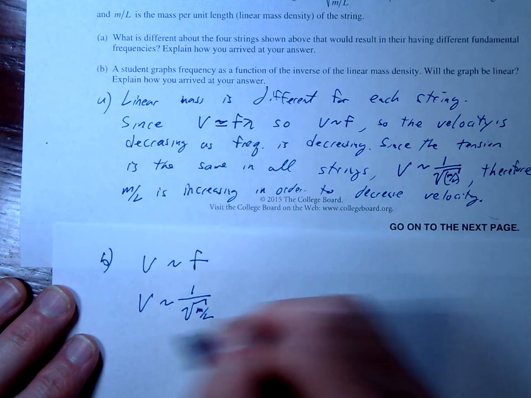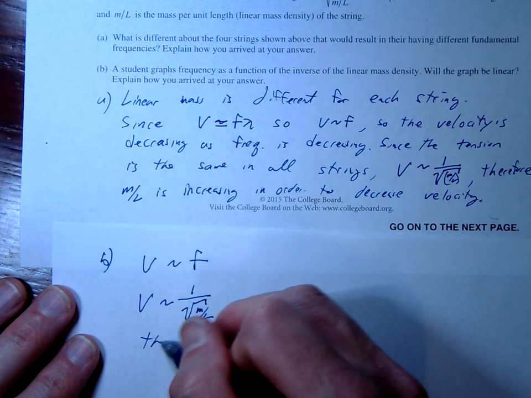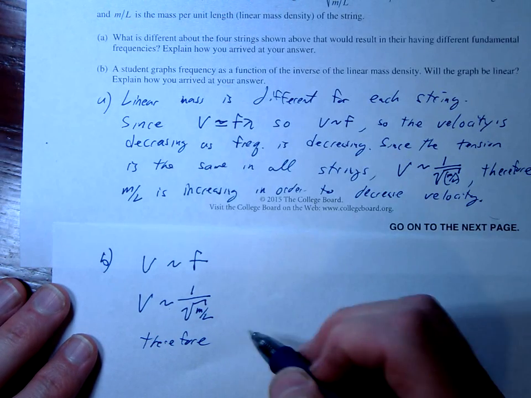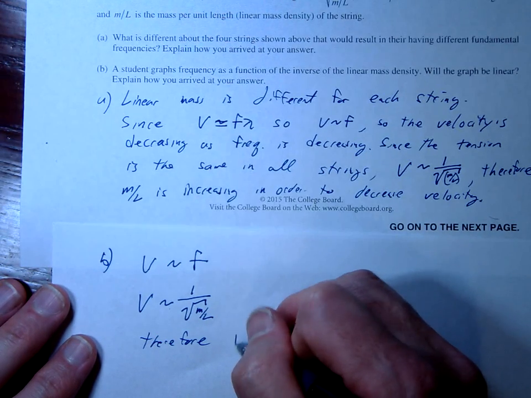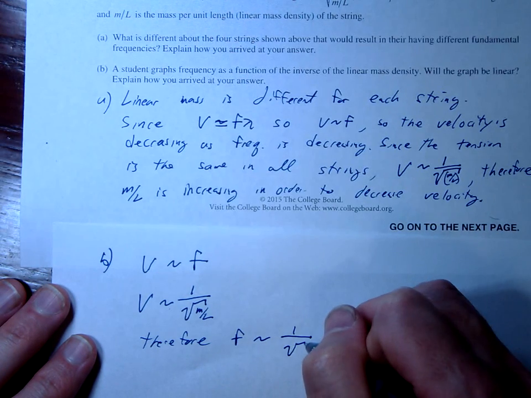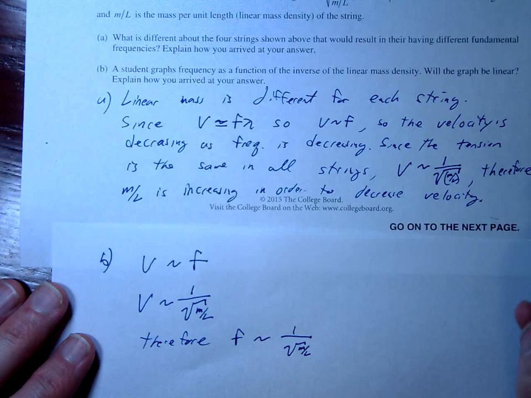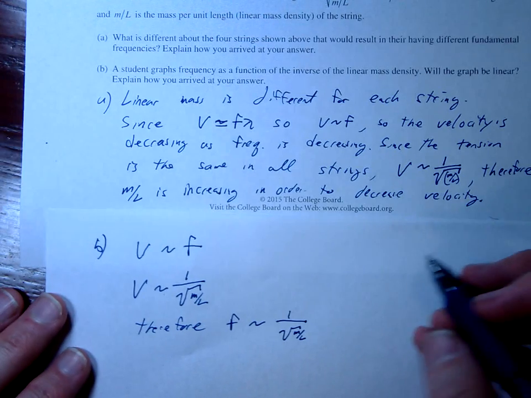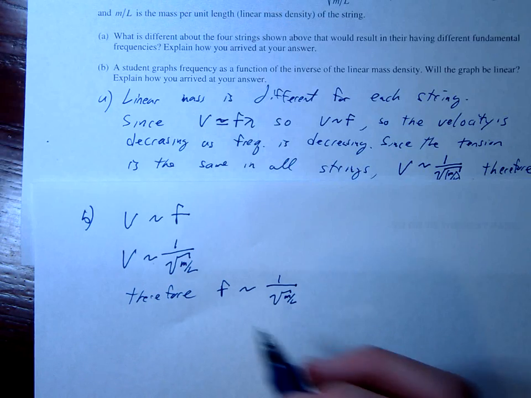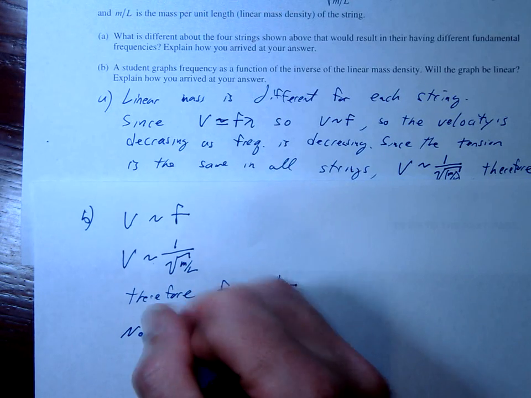Therefore, probably should be writing this in sentence form, but anyway, therefore F is proportional to 1 over the square root of m over L. So in other words, the answer to the question is no, it will not be linear.